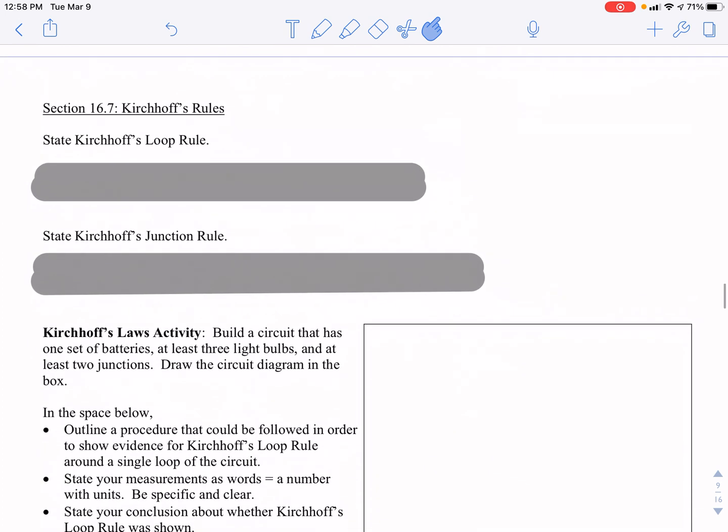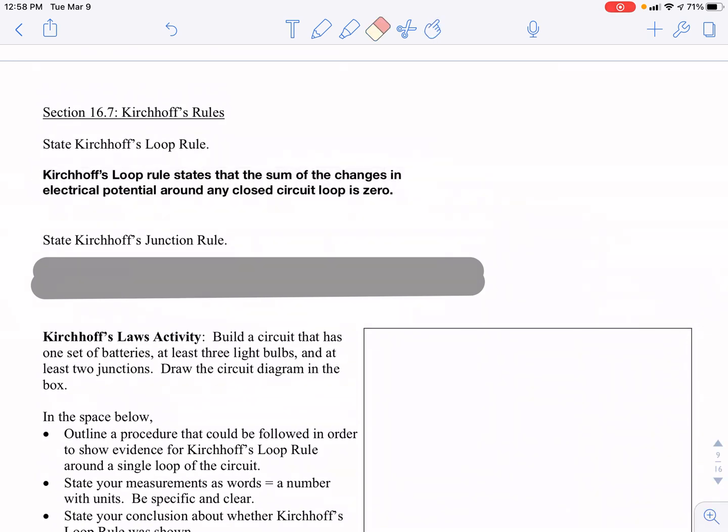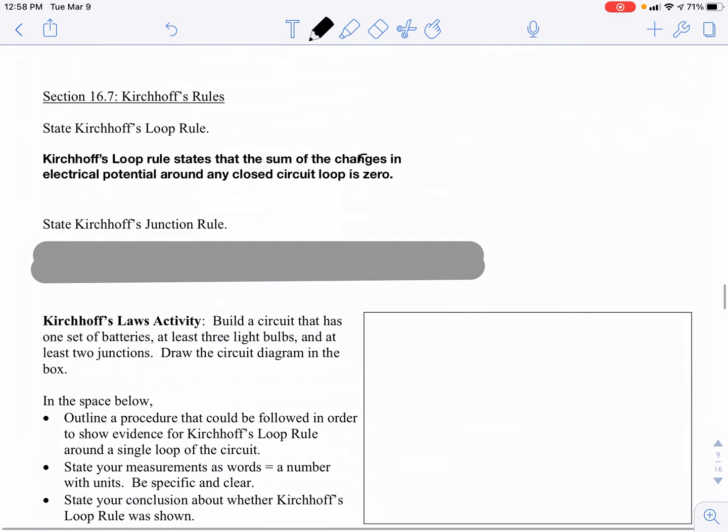Move along to page 9 of your notes. Section 16.7, Kirchhoff's law. Kirchhoff's loop rule states that the sum total of the changes, that should be charges, that's a typo, adds up to 0. The sum total of the electric potential around any closed loop is 0.